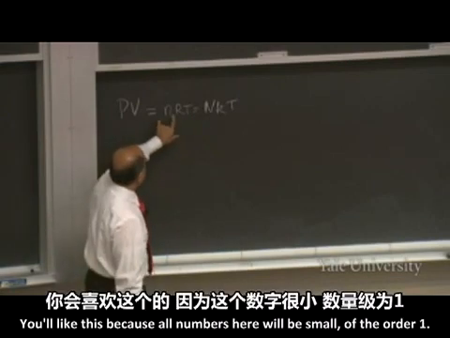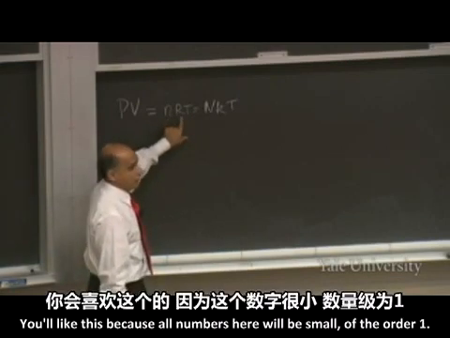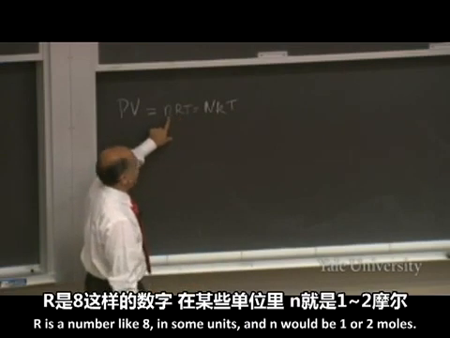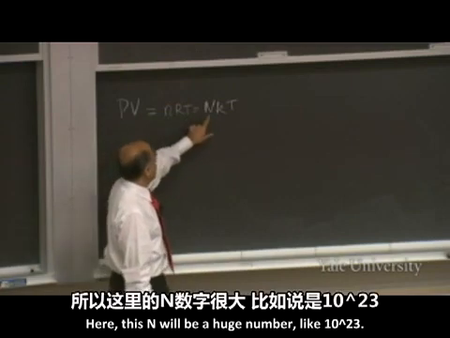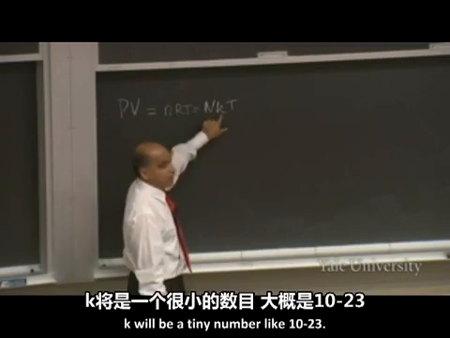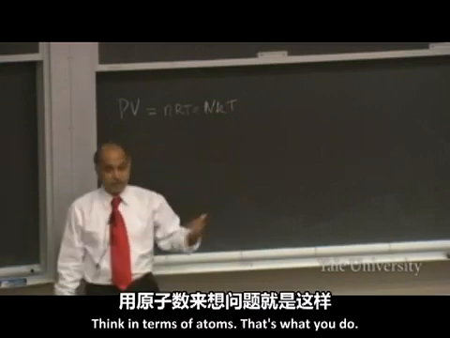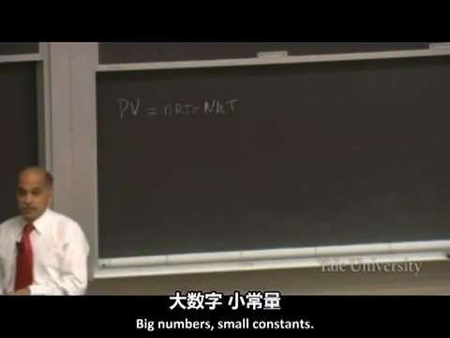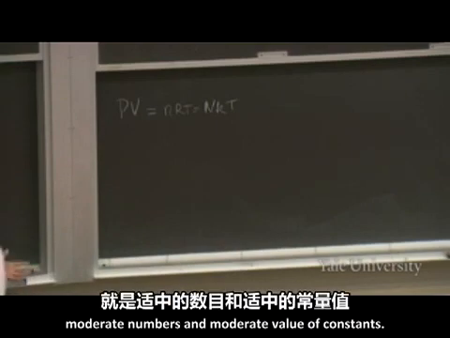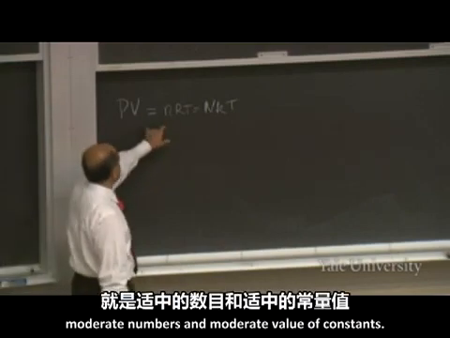You like this because all numbers here will be small, of order 1. R is a number like 8 in some units. n will be 1 or 2 moles. Here, this n will be a huge number like 10 to the 23. K will be a tiny number like 10 to the minus 23. If you think in terms of atoms, that's what you do. Big numbers, small constants. If you think of moles, small numbers and moderate value of constant.